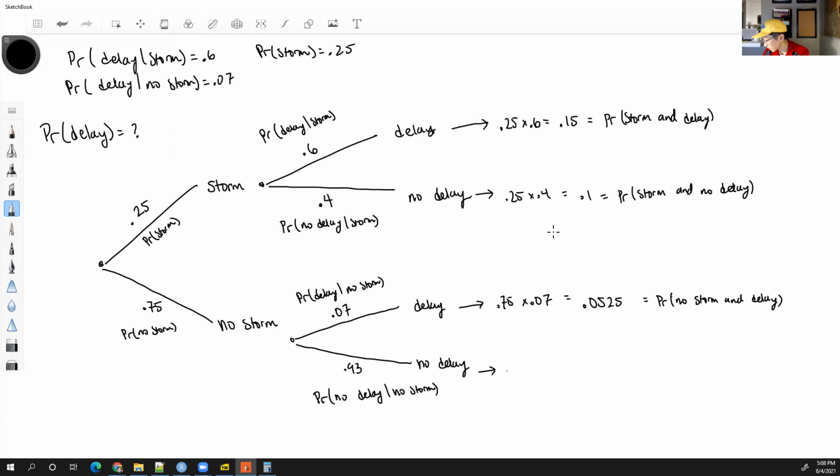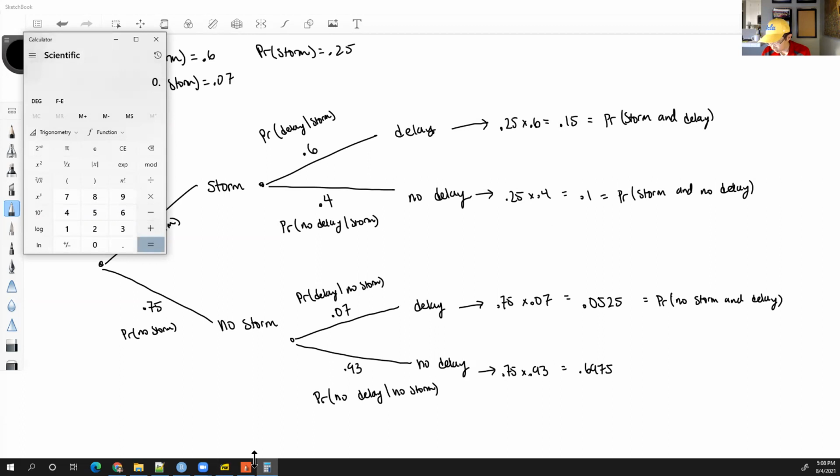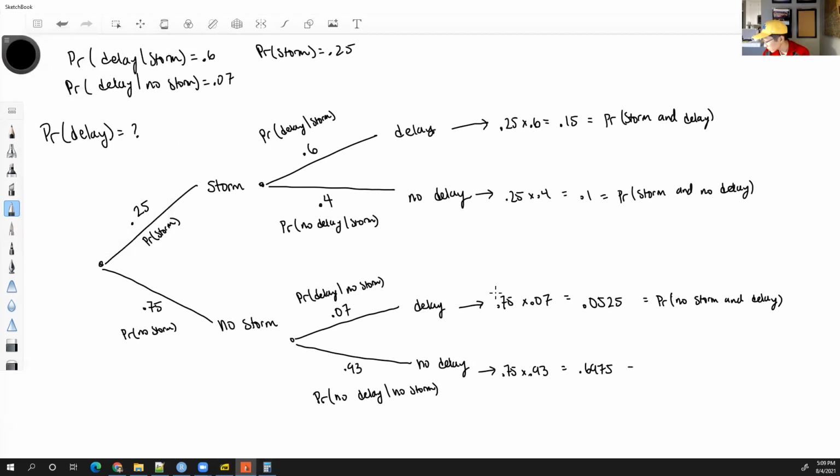And then the last one, 0.75 times 0.93. This is going to be 0.6975, I believe. If I did this correctly, 0.75, yep, 0.6975. And this is going to be the probability of no storm and no delay.